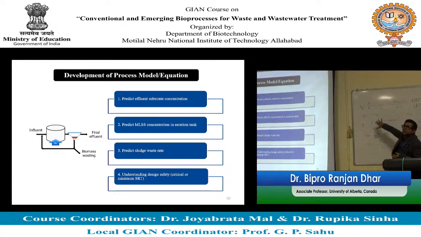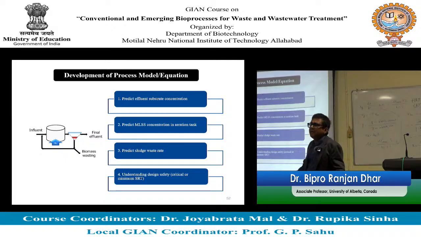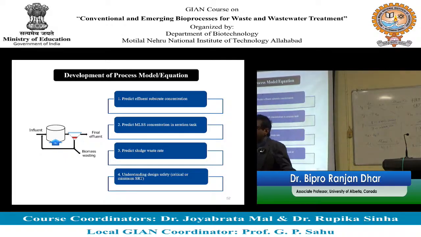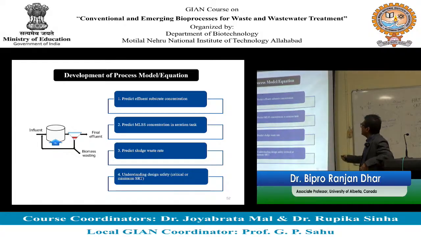It's kind of like when a civil engineer designs a building, for example a residential building or a shopping mall, it's not going to be the same, right? So you have to consider different design safety factors. The same thing for microbial process as well, right? So there should be some safety factor there.